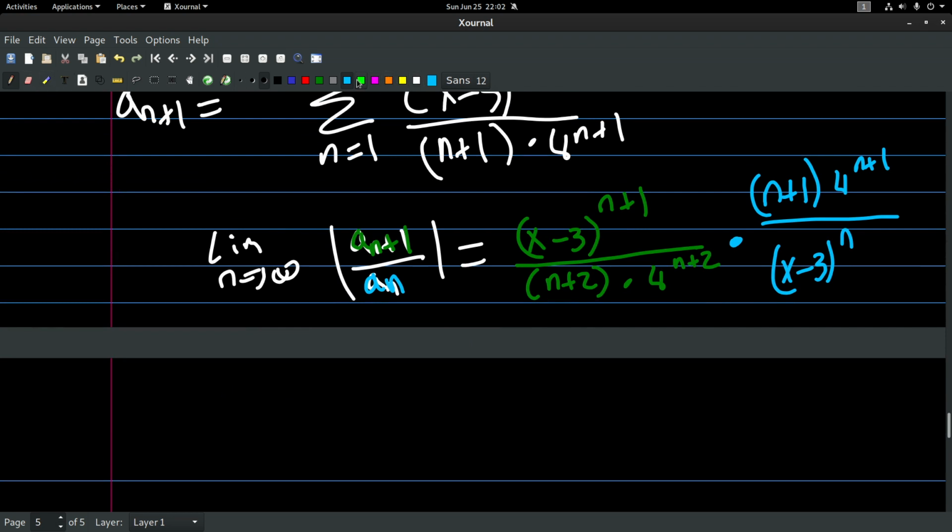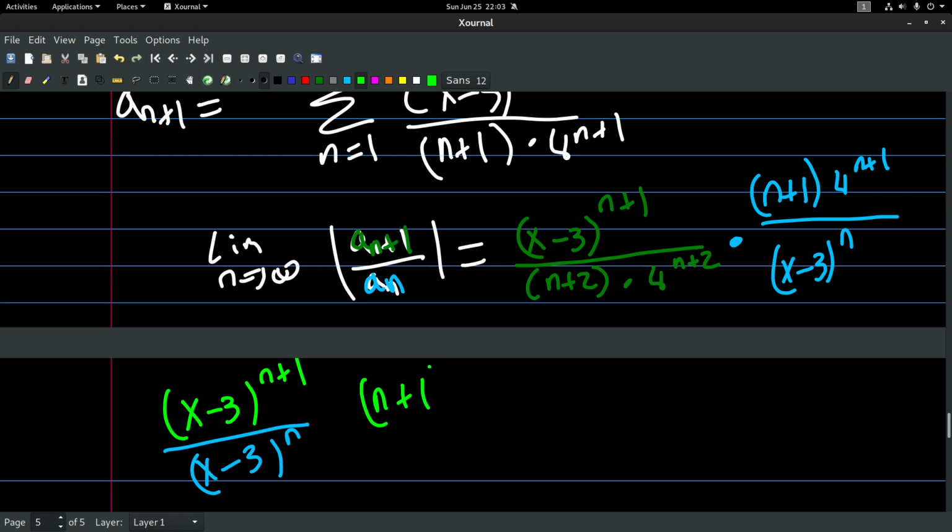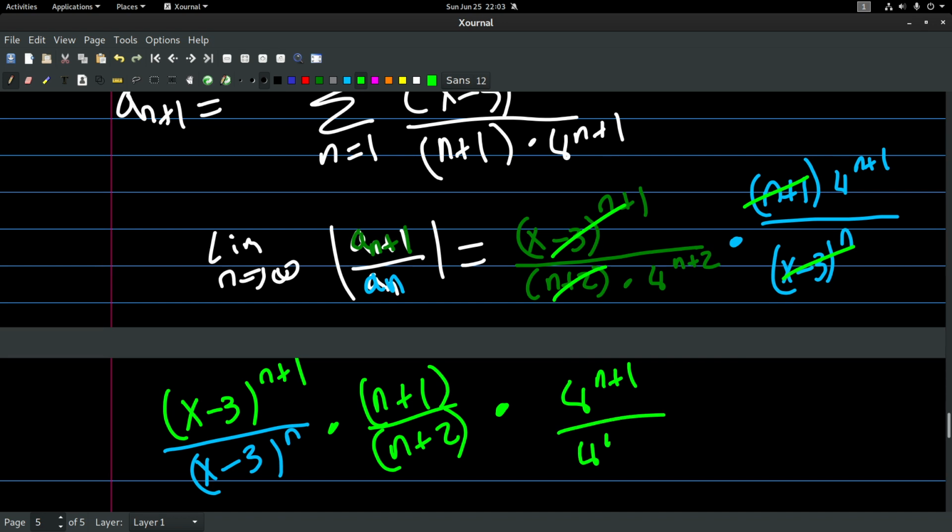So it's going to be (x minus 3) to the n plus 1 divided by (x minus 3) to the n, times n over n plus 1, times 4 to the n divided by 4 to the n plus 1.